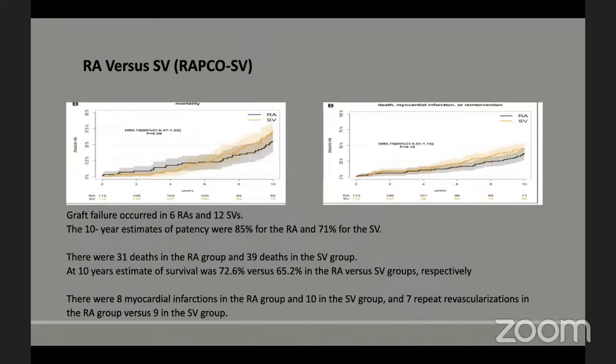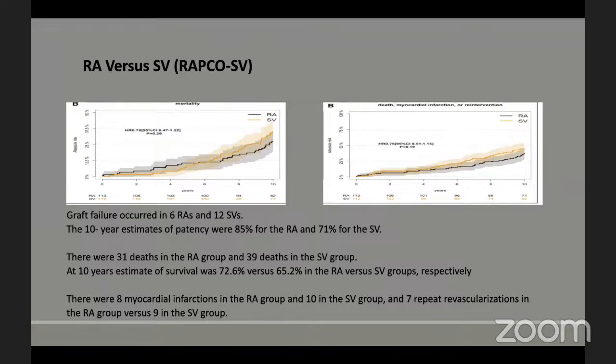In saphenous vein, radial artery versus saphenous vein, graft failure occurred in 6 radial artery and 12 saphenous vein grafts. The 10-year estimate of patency was 85% for the radial artery and 71% for the saphenous vein.